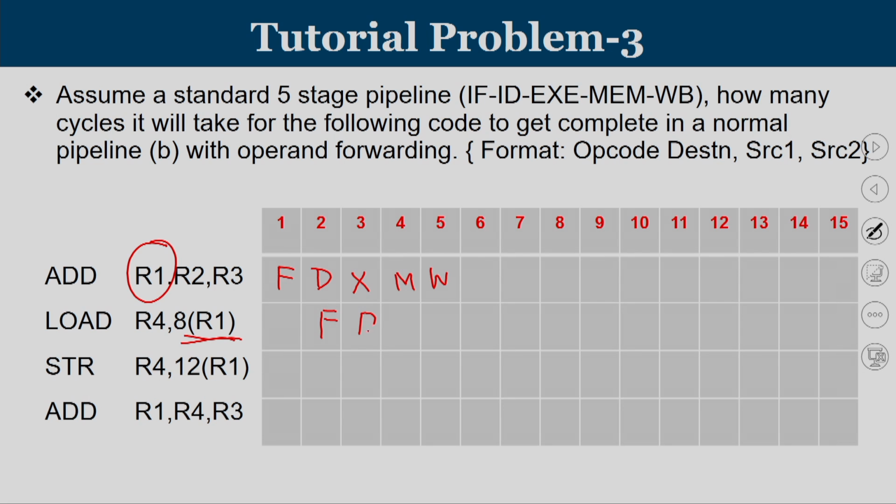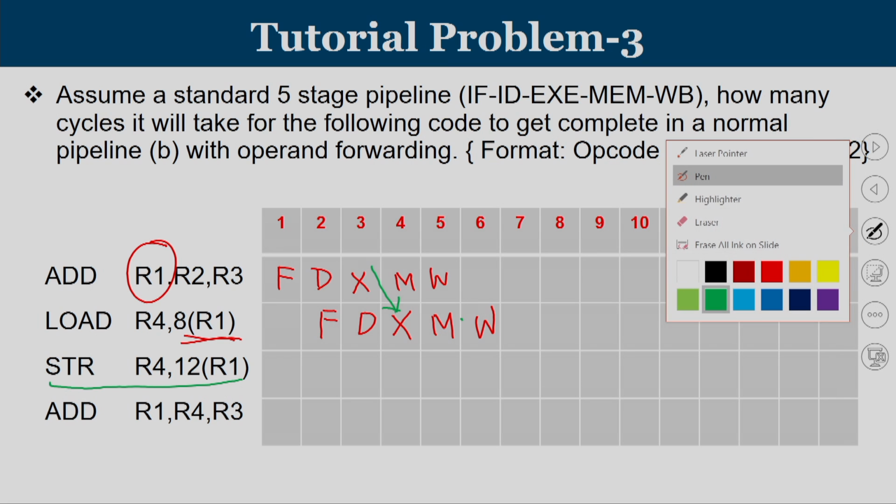So, in this case, it will run in its assigned time slot, because I could forward the value of R2 plus R3 from the ALU to the input of the ALU such that R1 can be used for effective address computation. And now, we are going to store the value. So, by what time will the value be available? The value is available at this point.